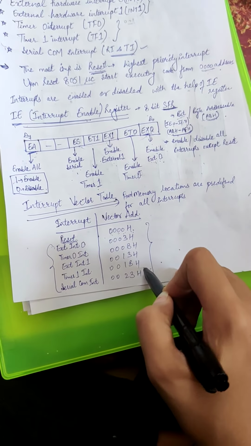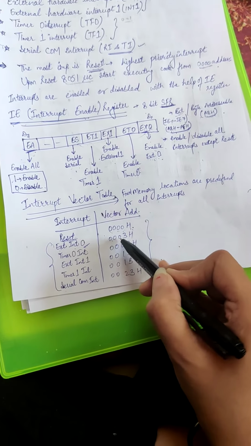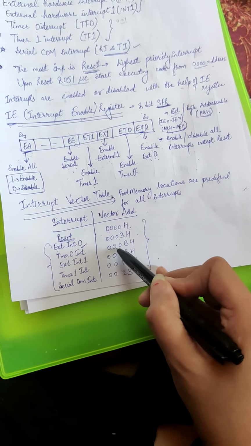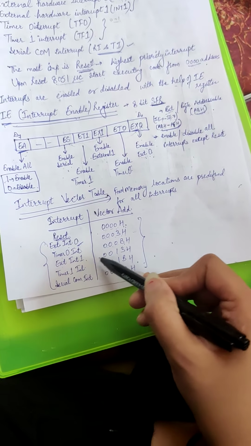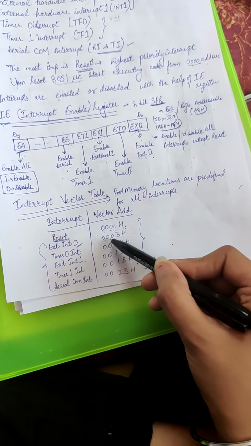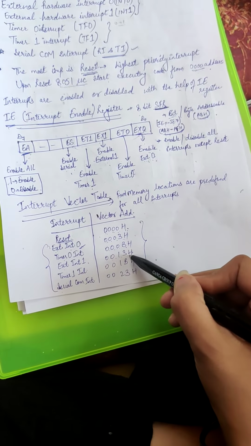H is for hexa. And external interrupt 0 is 0003H. And the address for timer 0 is 000BH. Similarly for external interrupt 1, it is 0013. External interrupt 0 is 0003 and external interrupt 1 is 0013.